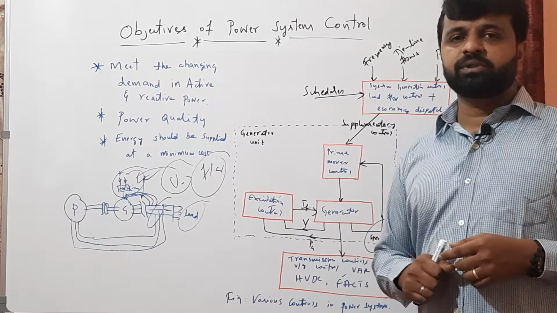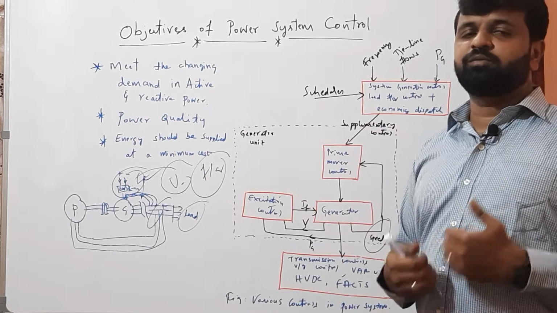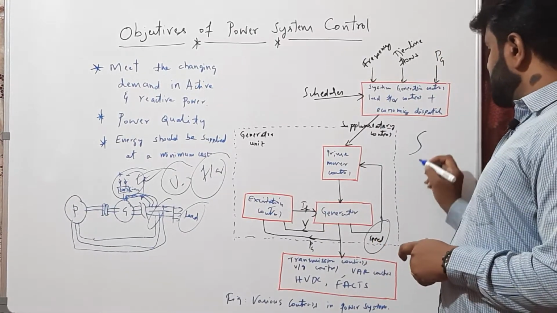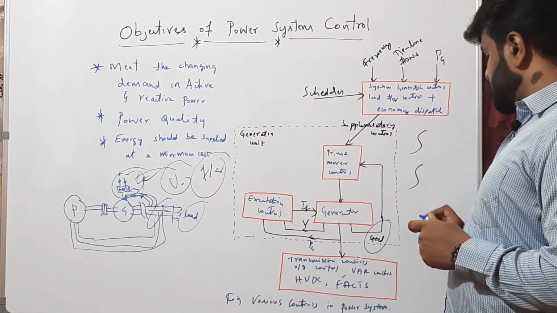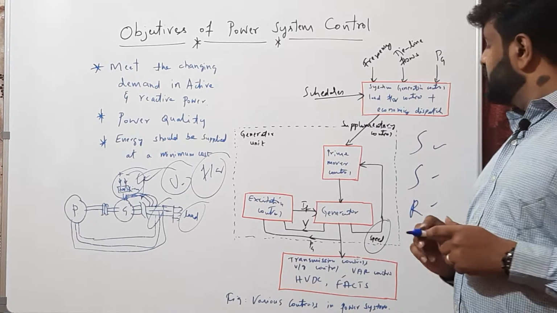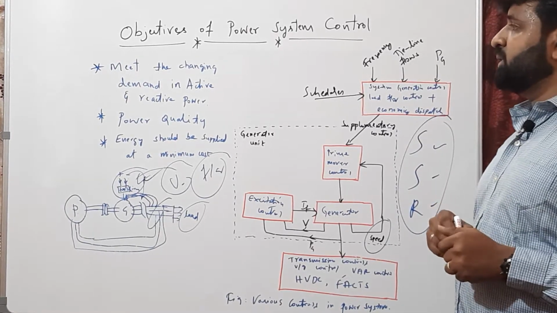Reliable means it will run long and efficiently. With these three terms, security, stability and reliability, SSR, these are the fundamental objectives of power system control.